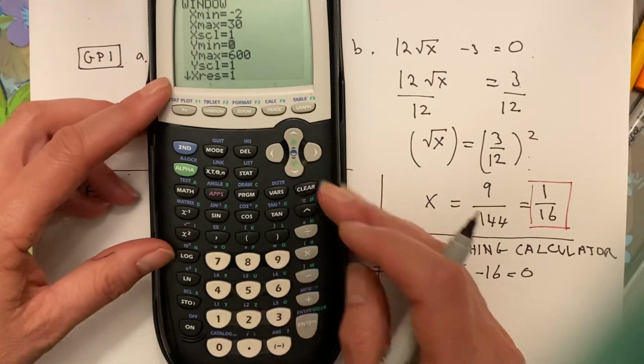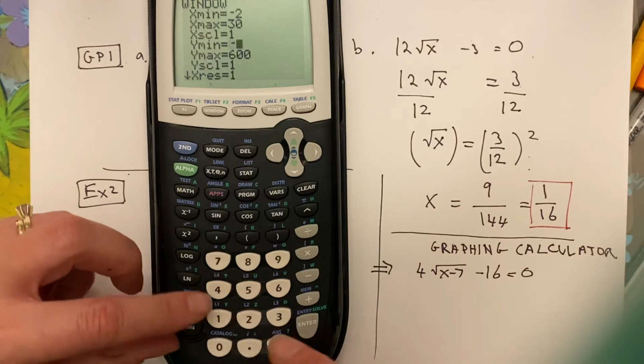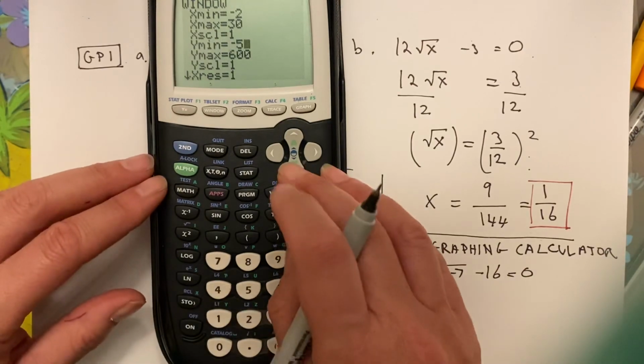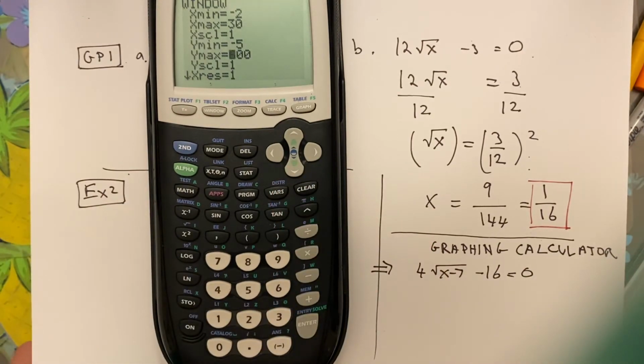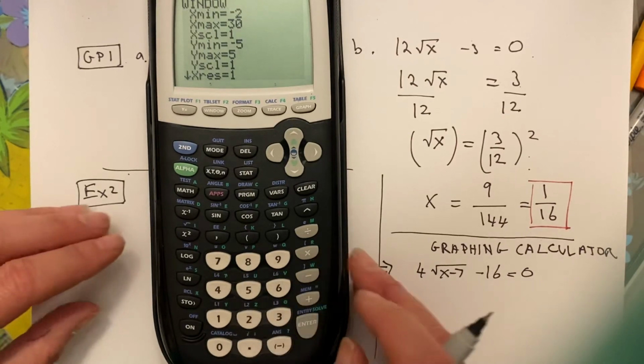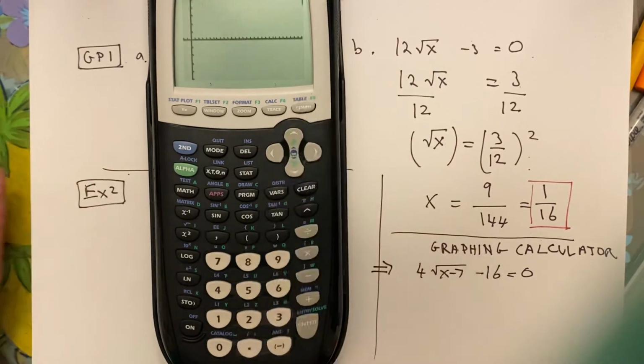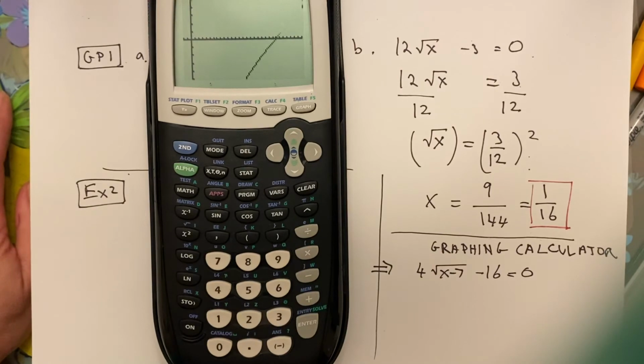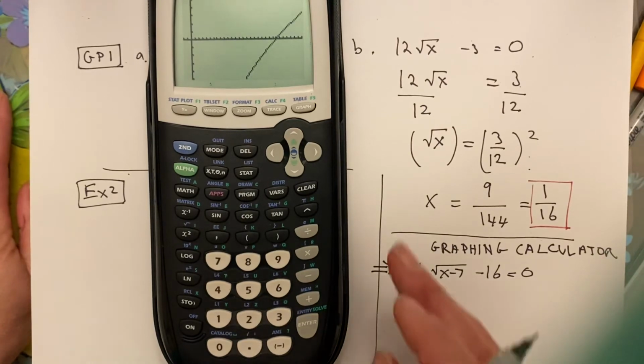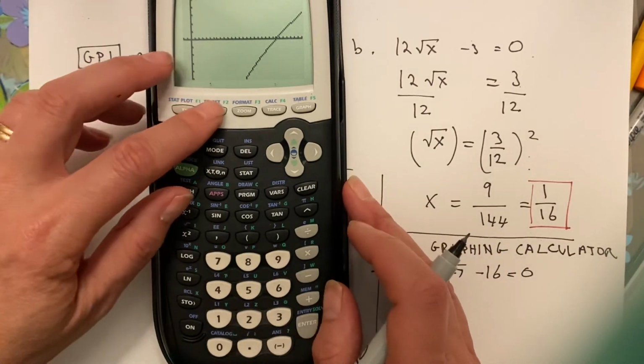My y minimum I'll make minus 5. And my maximum, maybe I'll do positive 5. And then let's see what happens. Let's see if I get a better graph. Definitely a little bit better, but I think I could do better than that still. So let me adjust my window.